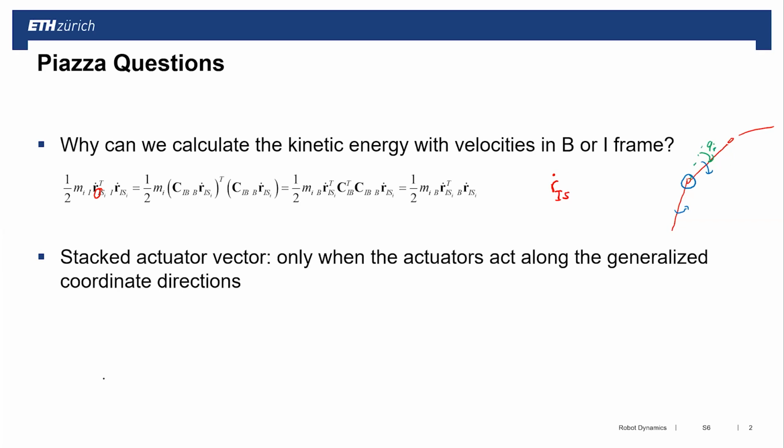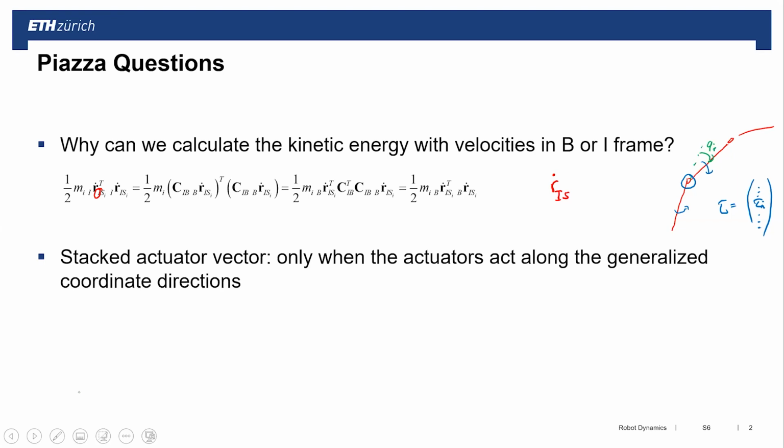This results in a torque vector which has on this i-th entry this tau_i. So I just stack the torques 1 to n for every single actuator, as long as I'm choosing the generalized coordinates exactly the way the actuator works.